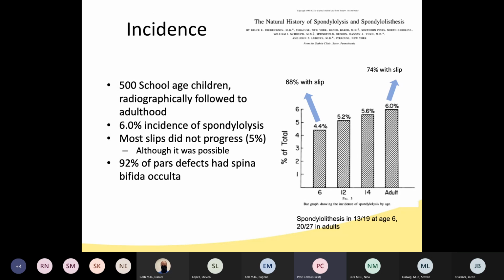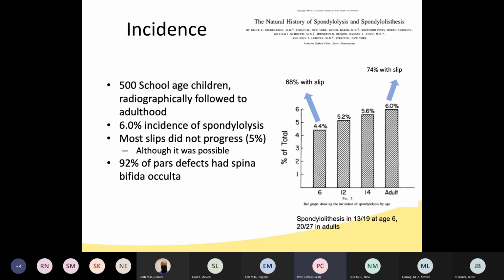So, incidence for isthmic spondylolisthesis: this was a study looking at 500 school-age children who were followed all the way to adulthood. What they found is that initially there was an overall 6% incidence of spondylolysis.